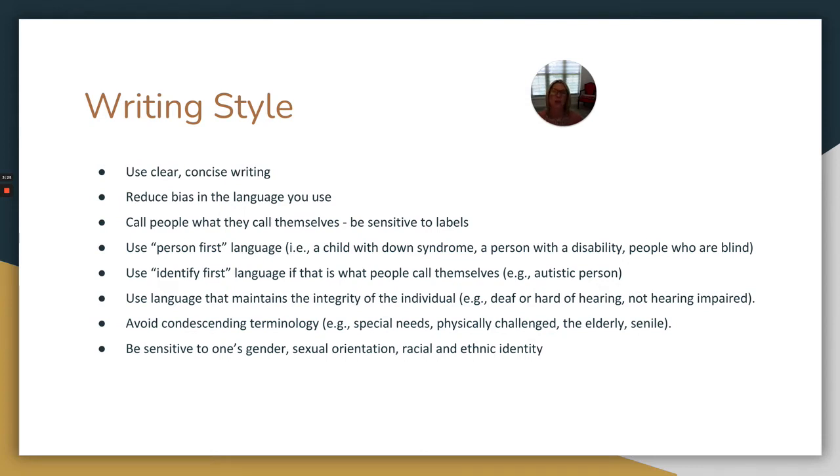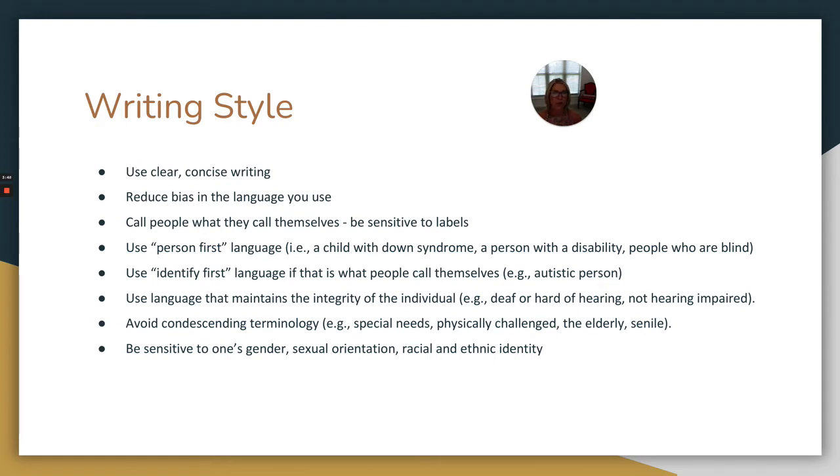In your writing, you want to make sure that you reduce any bias in the language that you use. Be really sensitive to how people refer to themselves, and to labels. It's important to use person-first language, especially when talking about people's age or disability.